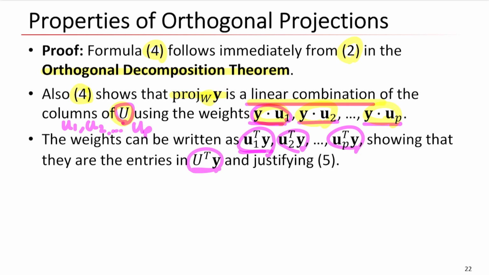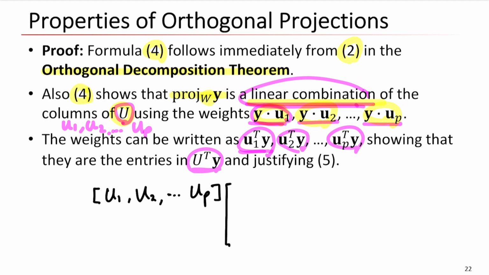So this linear combination can be represented by U. Let me draw something like this: U1, U2, UP here with the weight terms y inner product U1, y inner product U2, y inner product UP here, right?